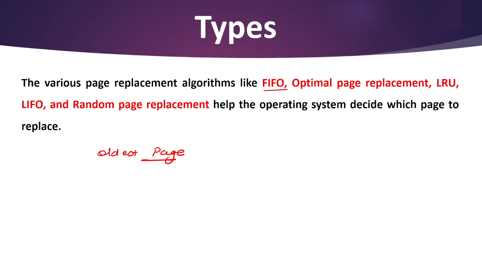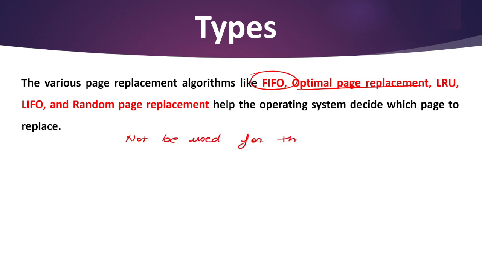We will discuss every type of page replacement algorithm in detail with the numerical questions that come in exams. Here this is an introductory lecture, so we will only see this much, and we will discuss all these types one by one. Next is optimal page replacement. This algorithm replaces the page that will not be used for the longest time in the future.